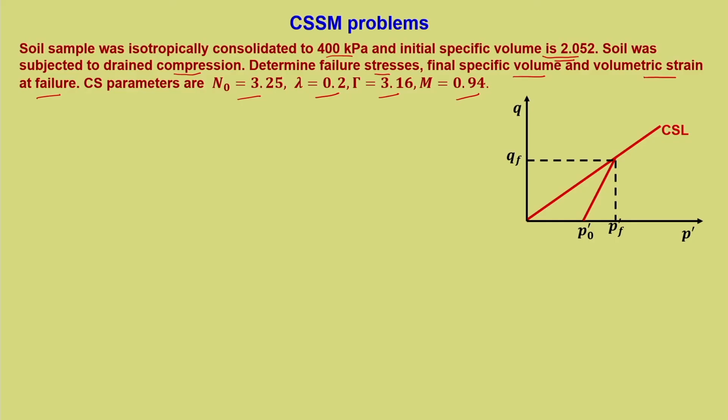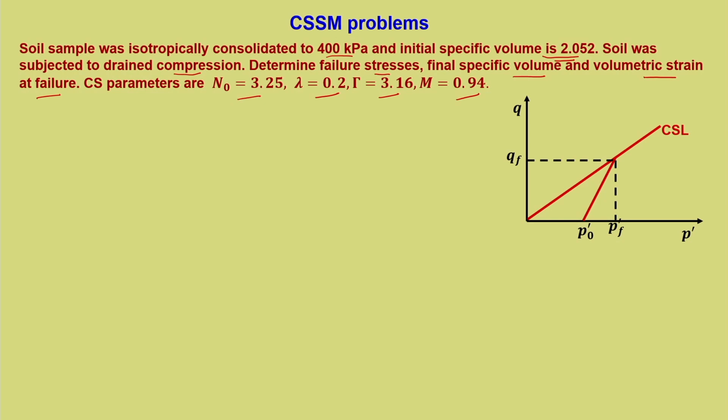But this problem is a very good demonstration that you can use the critical state concept for predicting the behavior of soil, where it will yield and where it will fail, depending upon the known initial condition and the known critical state parameters for that particular soil. That is what the question is all about.